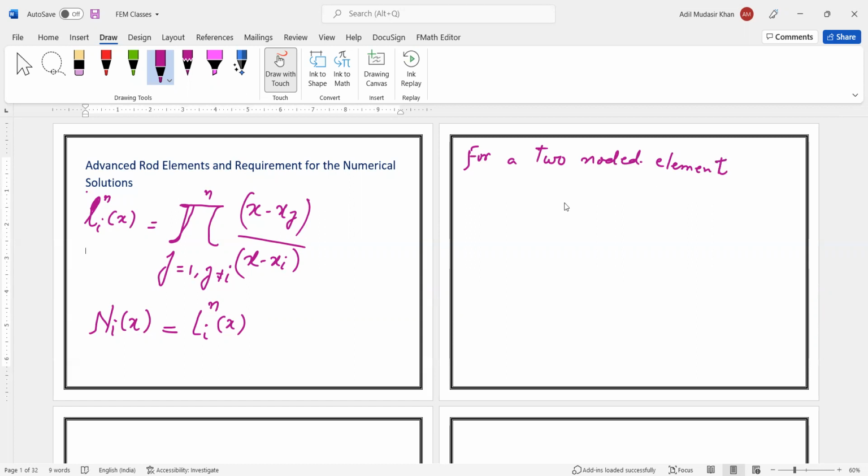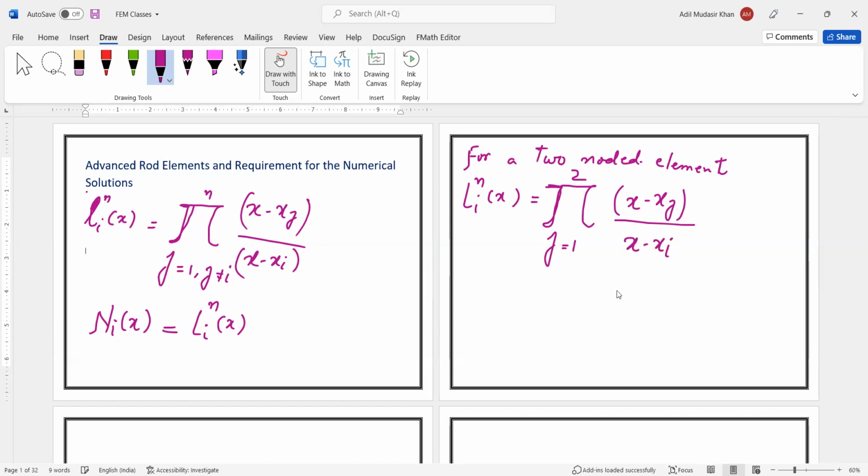Okay, we can write the normalized shape function Li n as a function of x as the product over j going from 1 to n, where n is the number of nodes, so we have 2, of (x minus xj) divided by (xi minus xj).